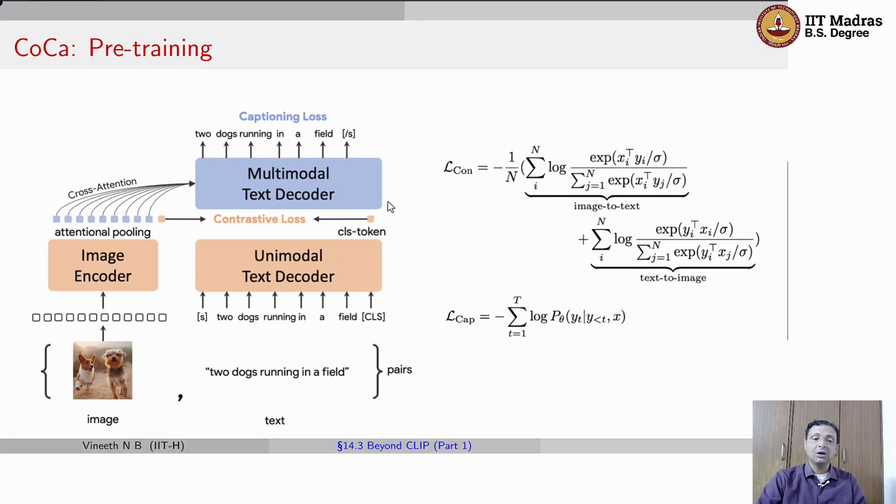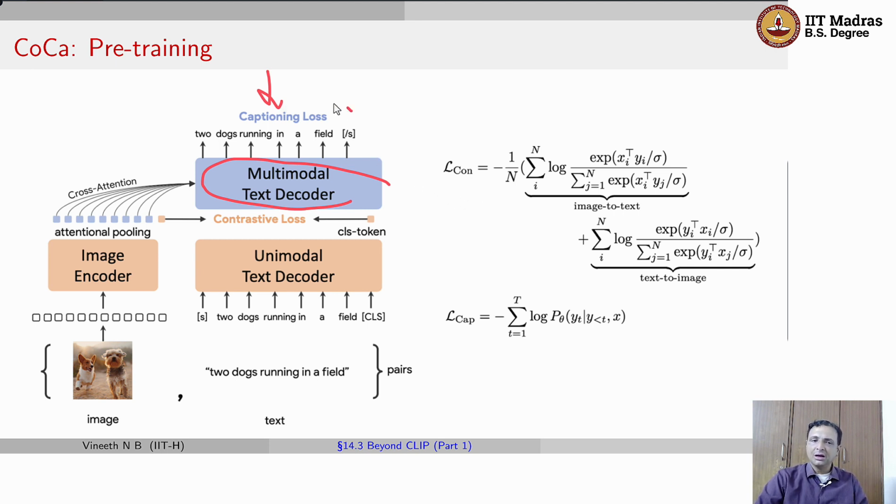Now, as I mentioned, these are combined now from the image encoder. All the tokens that they obtained undergo cross attention with the text decoder's outputs. That results in the multimodal text decoder, which also outputs the final caption that comes out of the model.